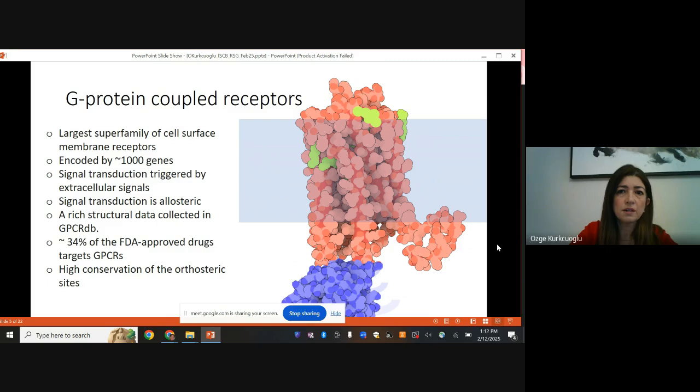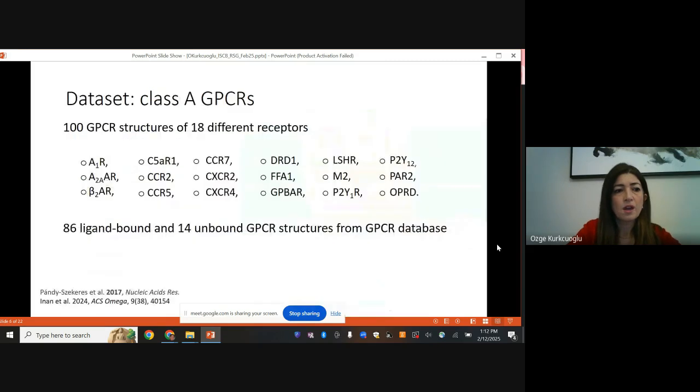But still, they have highly conserved orthosteric sites, which bring the issue of side effects. So if we understand the allosteric mechanisms or reveal their allosteric sites, we may be able to develop more efficient drugs with fewer side effects.